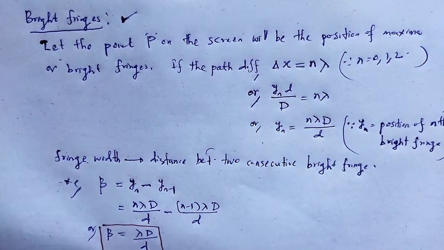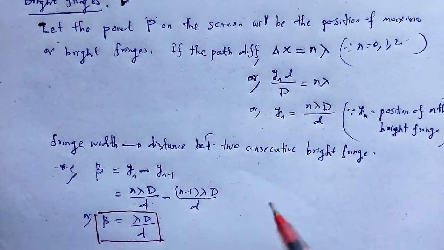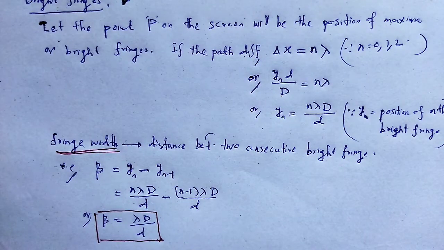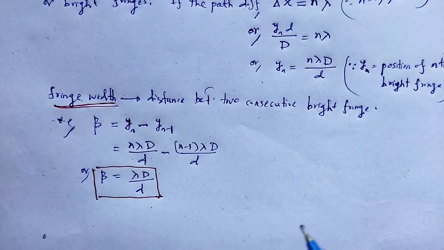By taking the bright fringe into consideration, we calculated the fringe width. Now taking dark fringes into consideration, what is the position of the dark fringe?